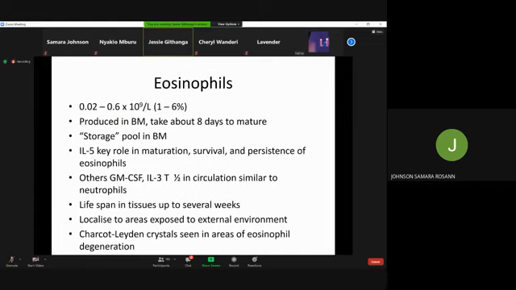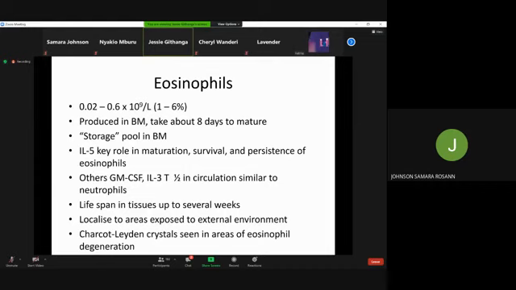And therefore, when you are doing your anatomy and you are doing the gut, you found that there are eosinophils that are often found close to the gut or to the pulmonary system, etc., because these are areas that are exposed to the external environment. Okay, so the gut, the respiratory system, and even the urogenital system, where they're exposed to the external environment, you will find that eosinophils may persist in tissues there.